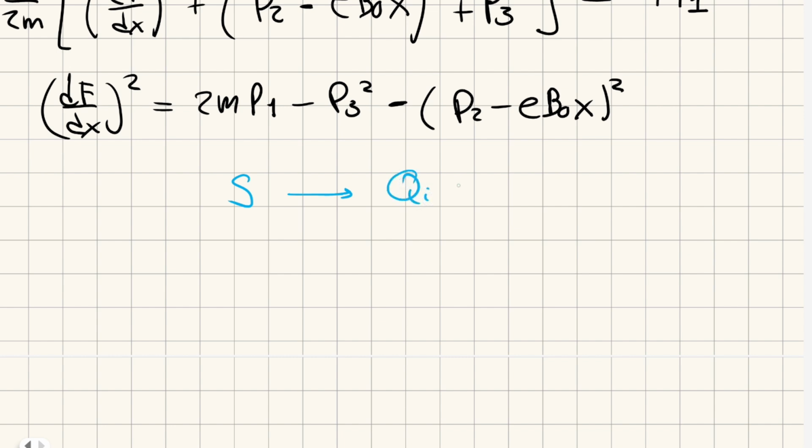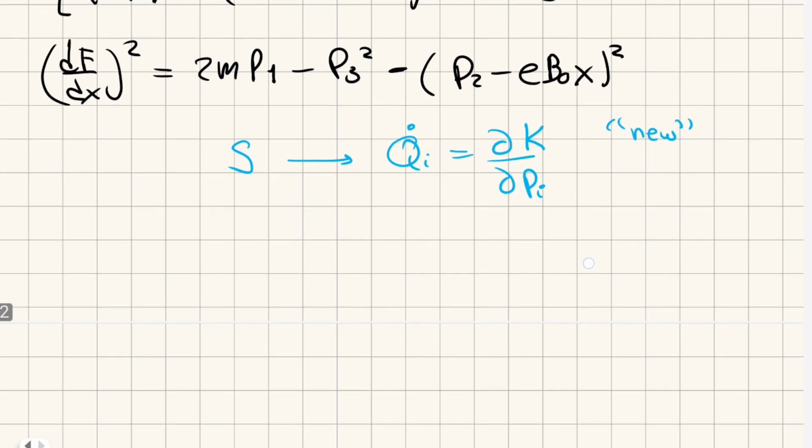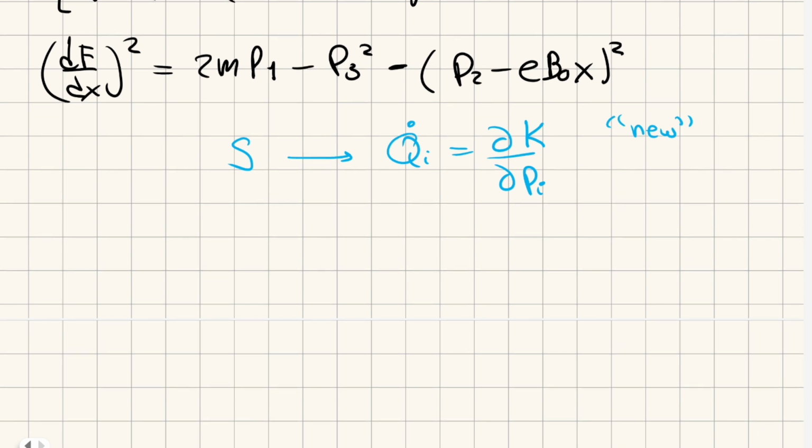So that means that qi dot is equal to the partial with respect to pi of some new Hamiltonian k, right? Recall that this is analog to the Hamiltonian function. So the thing here is that we choose that this new Hamiltonian k is equal to 0. So this takes us to have that qi dot is equal to 0, making that qi is equal to 0.